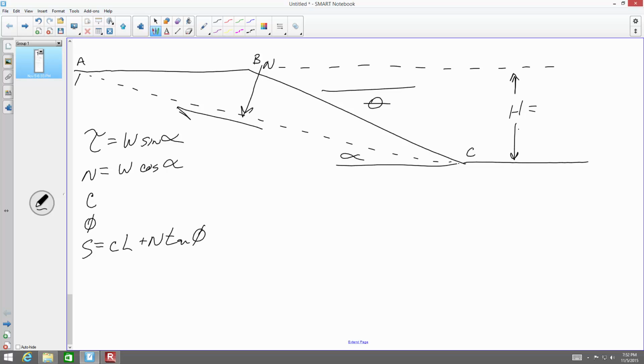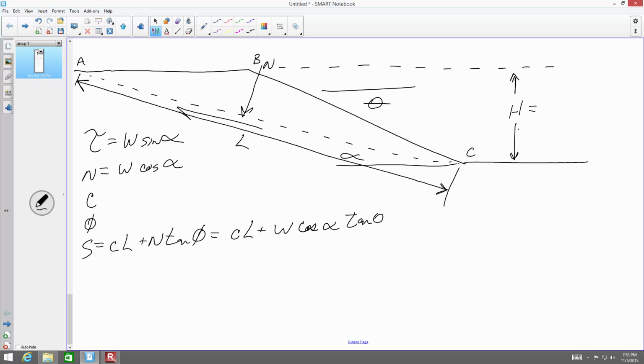L is this length here. L is the length of our surface we're sliding on. We could rewrite this if we'd like: C times L plus W cosine alpha tan phi.